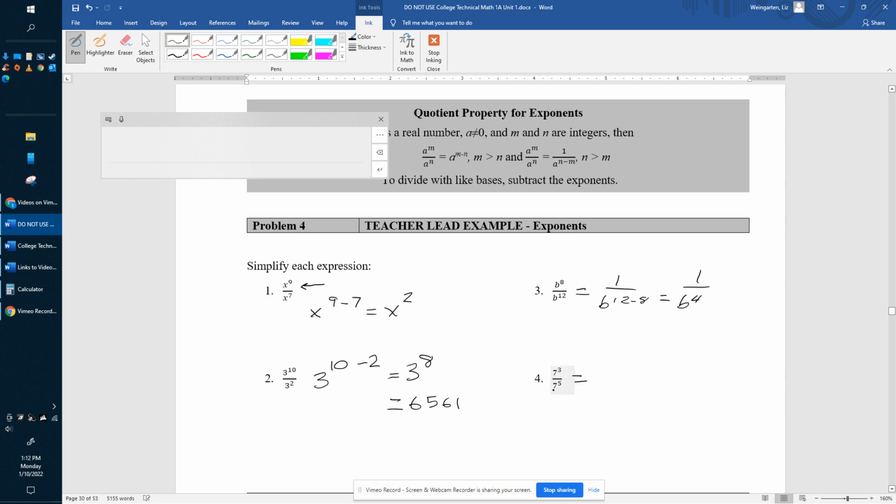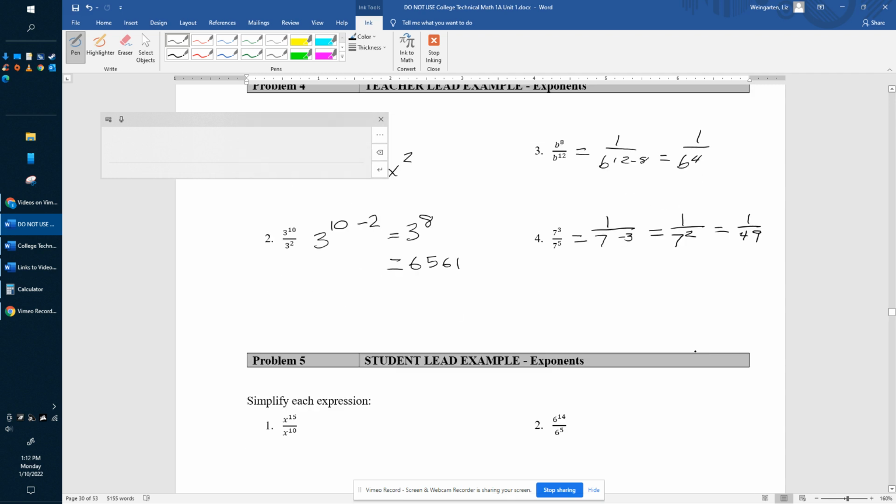And in this one, again, the larger number is in the denominator, so we're going to end up with a fraction. 1 over 7 to the 5th minus 3, which is going to equal 1 over 7 squared. We can evaluate 7 squared. It'll be 1 over 49.